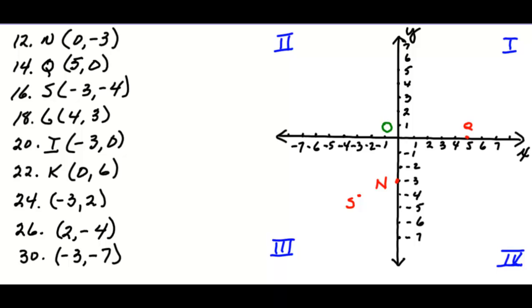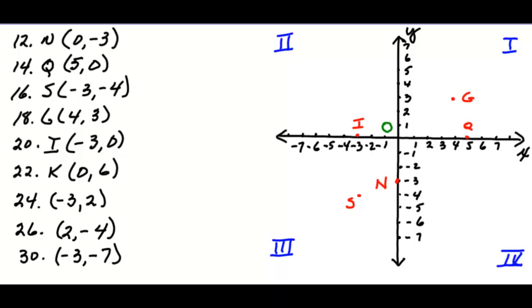We have a positive 4 and a positive 3 for G. So we go along our x-axis first, and since it's positive, we go to the right 4 places. And now, because the y is also positive, we go up 3 places, and we place it right about here, and that's point G. Now for number 20, it says I is (-3, 0). All right, along the x-axis we go -3, but since y is neither positive or negative, it sits right there, and that happens to be point I.